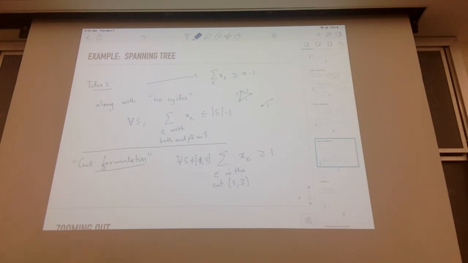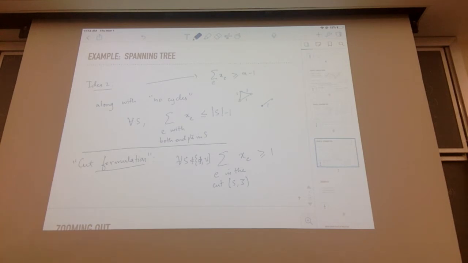Alright, so why am I doing this? I wanted to emphasize that there are many formulations you can come up with for a particular optimization problem, and some may be better than others. For some you will be able to optimize.